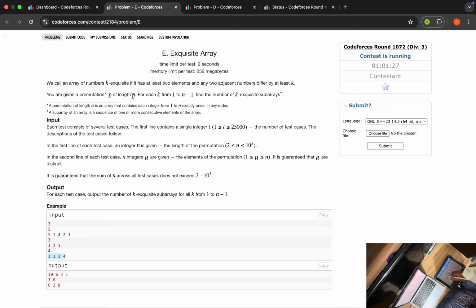Difference is 1. Difference is 1, so difference is 1, so it is 2.